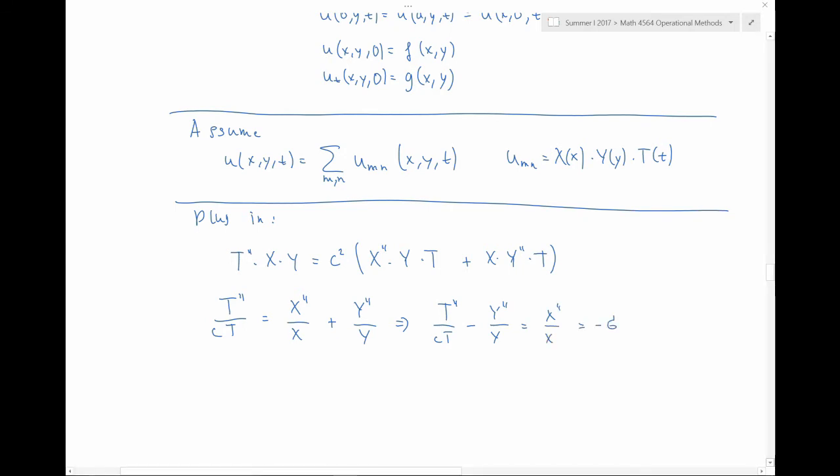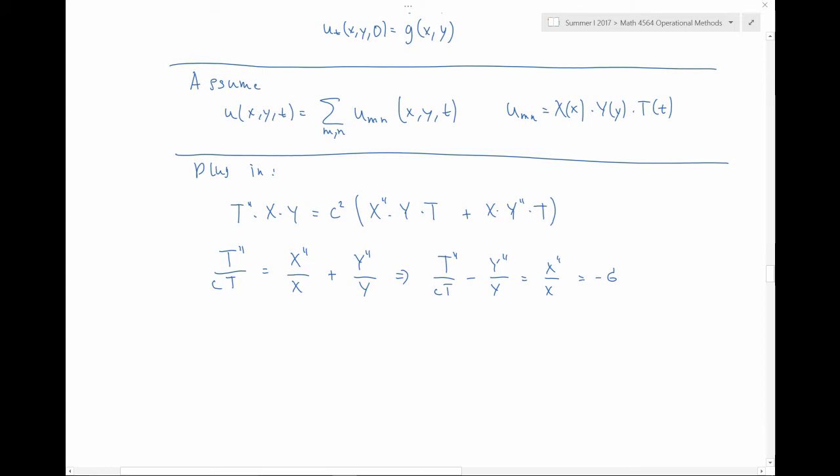And again, I'm going to assume that there's a constant minus sigma that both of the fractions are equal to.